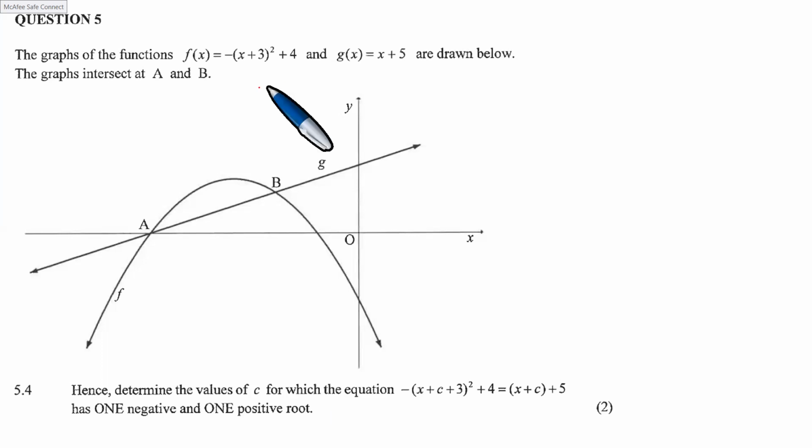But there are a couple of things we need to remember: we were able to calculate that this was -5 here, and at B here we had -2. Okay, we did that.